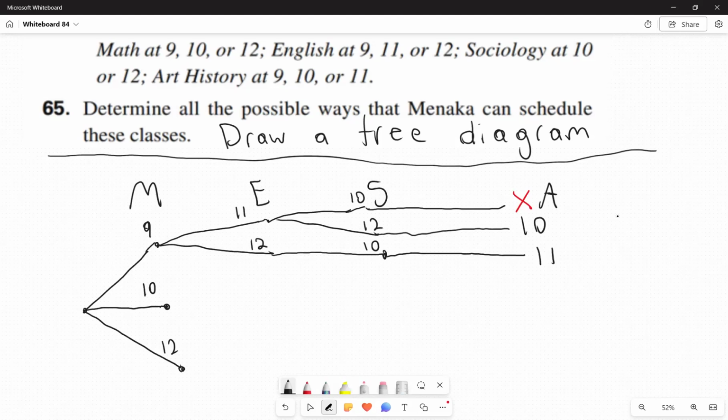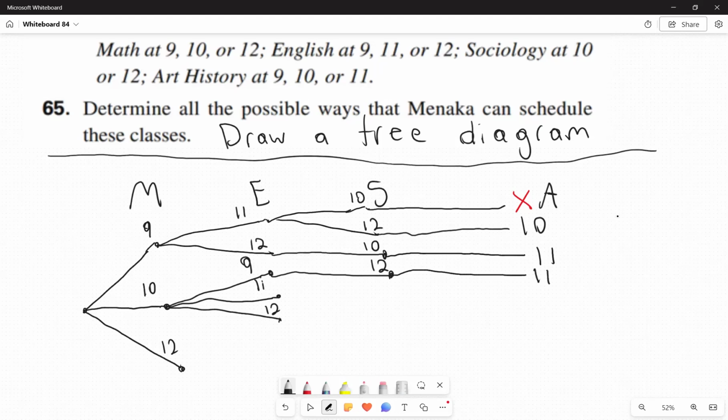Next case scenario. If she chooses math at 10, she can take English at 9, 11, or 12. So if she's taking math at 10 and English at 9, she can take sociology at 12 and art history at 11.